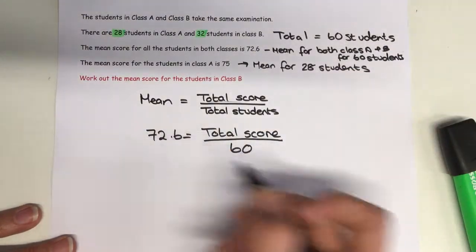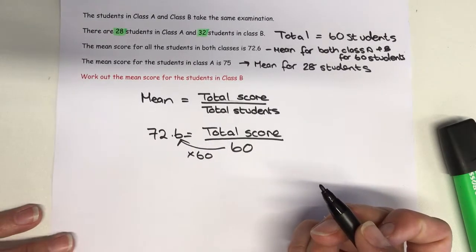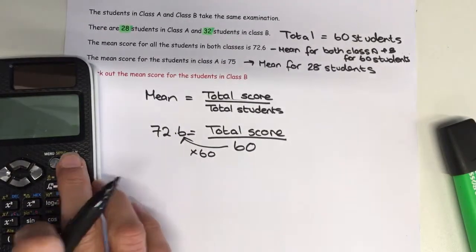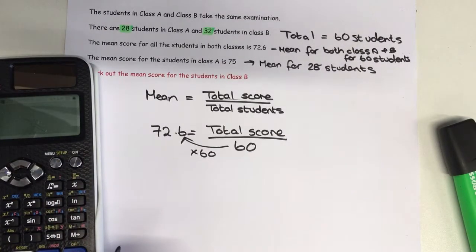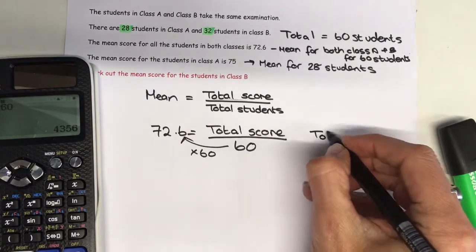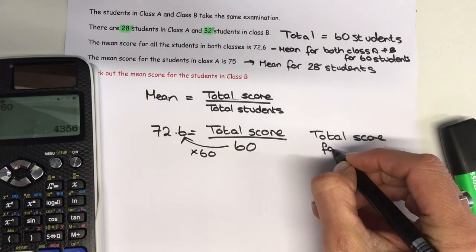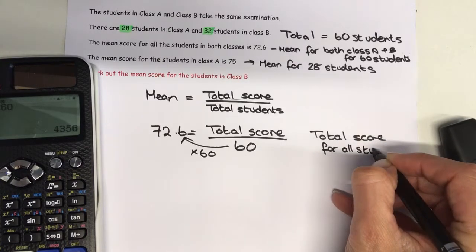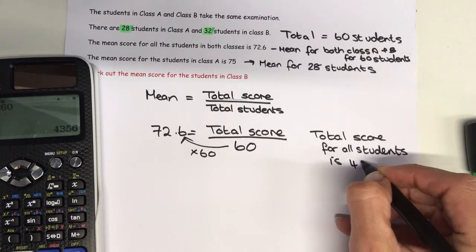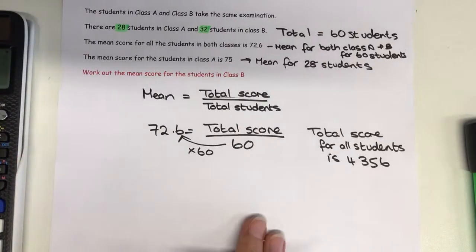So what we need to do is work backwards. So we need to multiply by 60. So if we do that, then we get 72.6 times 60. So the total score for all students is 4,356.